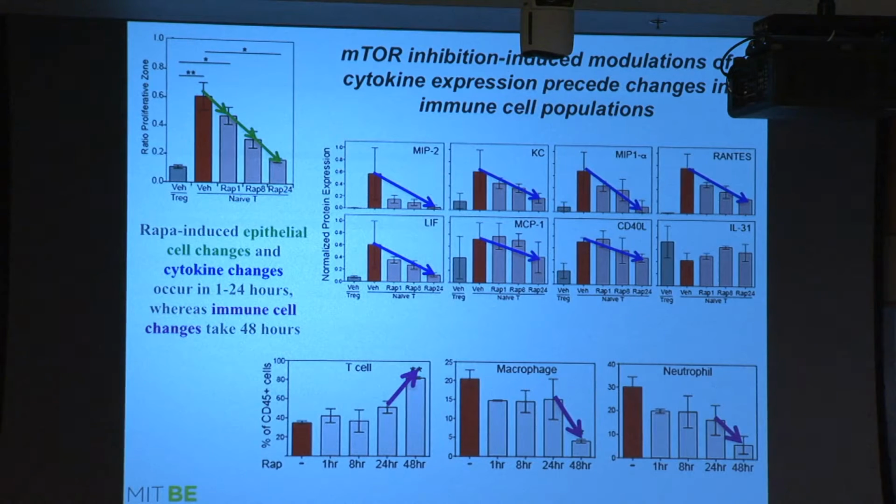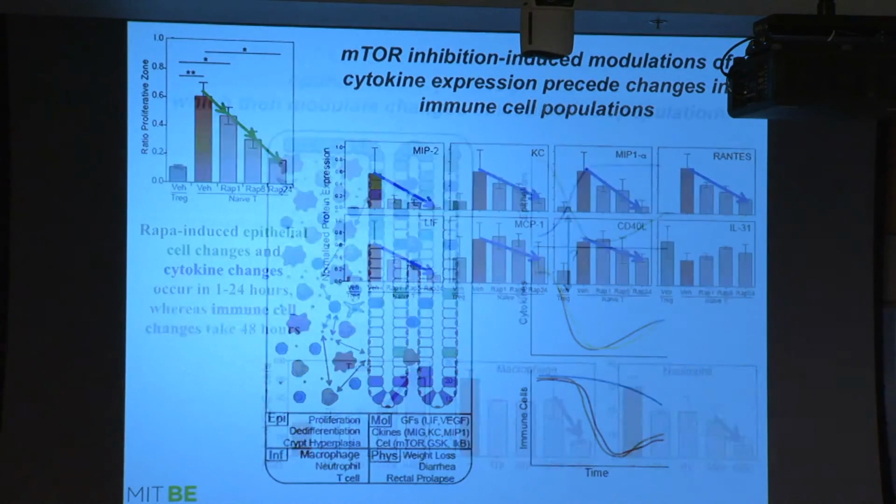So the first thing that happens, what rapamycin does, the mTOR inhibition, is changing the epithelial cell differentiation state. Then you change the cytokines, and then 2 days later, you change the immune cell repertoire that's coming in. So temporally, you treat with this inhibitor, first thing you do is change the epithelial cell state, then that changes the cytokines, then that changes the immune cells.